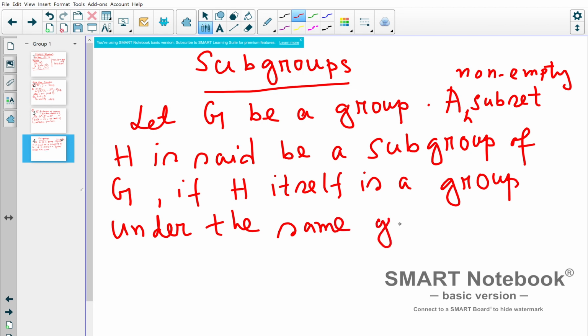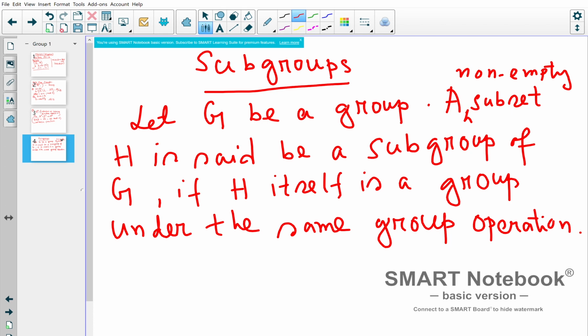Whatever the group operation was in the beginning, whether star, dot, plus, the same operation. Then we call this a subgroup.